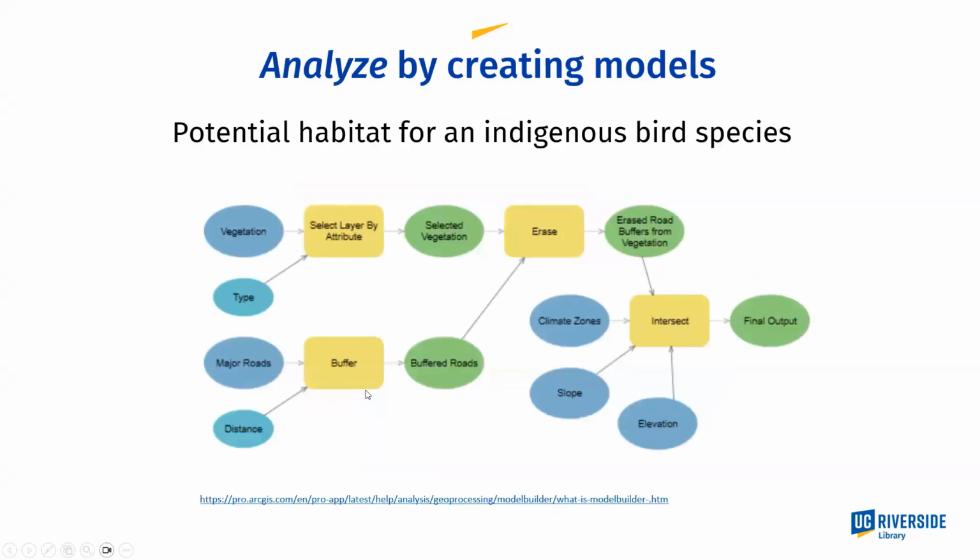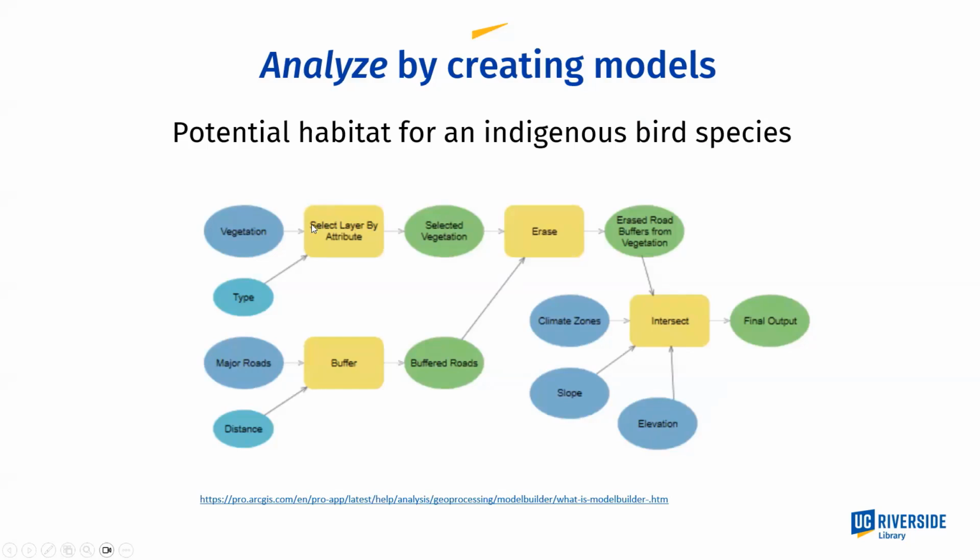And this slide shows you that sometimes it's not just one tool on one feature that will get you the results you need. Sometimes you have to think about multiple inputs, multiple types of tools or analysis to apply to those inputs in a particular sequence to get you the result that you want.